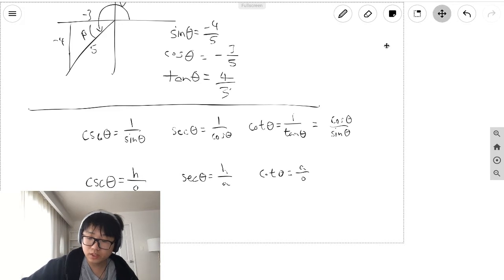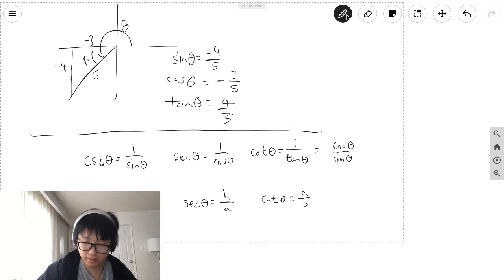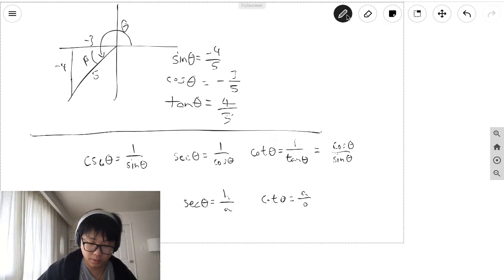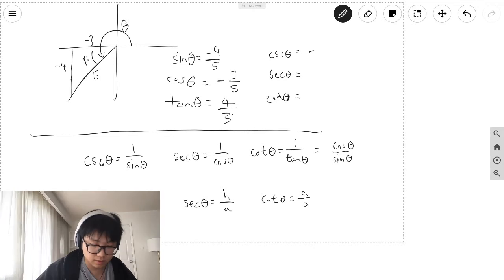So each of these problems can be the 3 problems that I discussed earlier. You can throw in reciprocal functions in the mix. For example, that last one, we could have asked you to not just list the sine theta, cos theta, tan theta, but also cosecant theta, secant theta, and cotangent theta. So cosecant theta in the last problem would end up being, exactly, just negative 5 over 4.